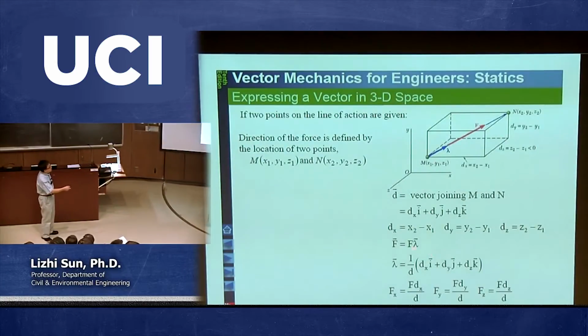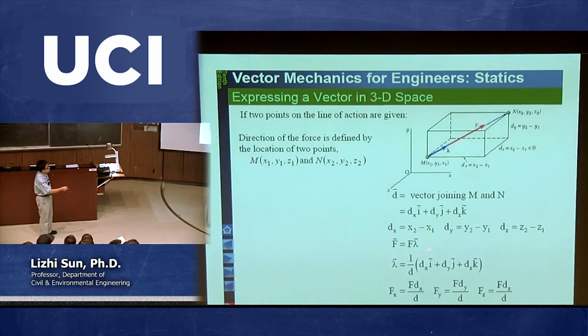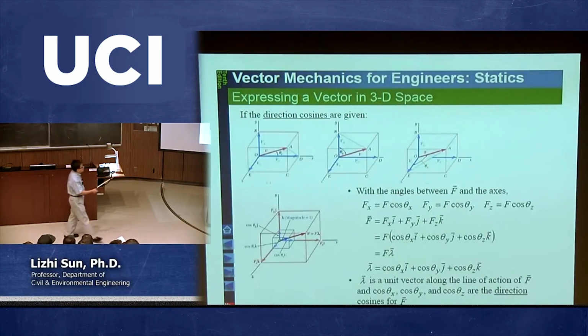Once we get a unit vector, then we can describe a three-dimensional force vector in terms of this equation. Sometimes, occasionally, we ask you to calculate the direction cosines of this three-dimensional force vector, which means you do need to calculate these 3 angles, theta x, theta y, theta z. And these are the direction cosines.